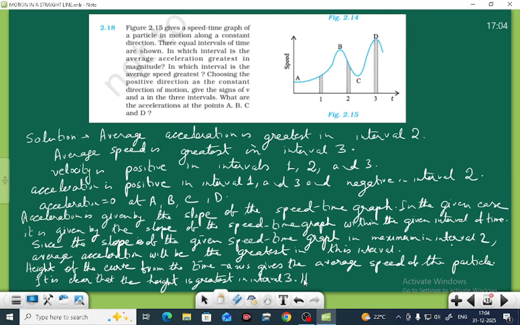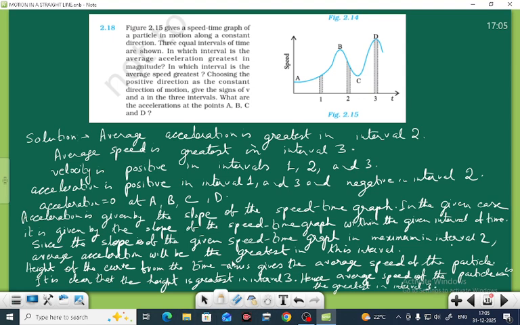Hence the average speed of the particle is the greatest in interval 3.